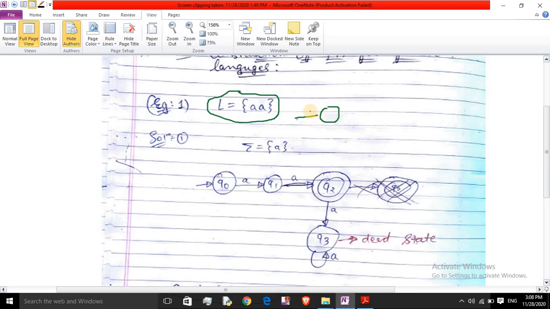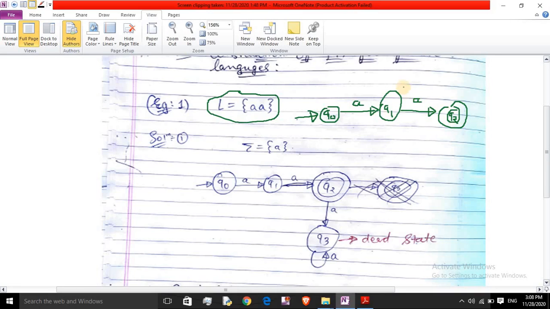There will always be an initial state, which we will name Q0. On getting an input symbol A, we move to the next state, Q1. On getting one more A, we reach our final state, named Q2.